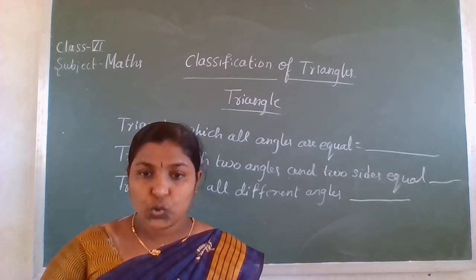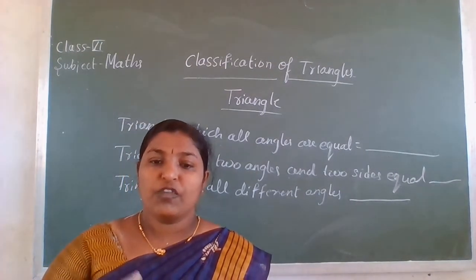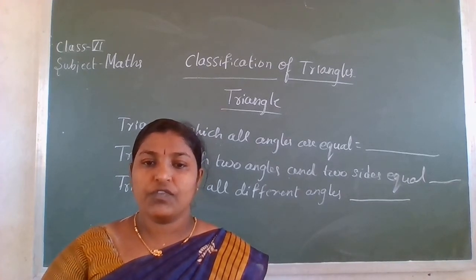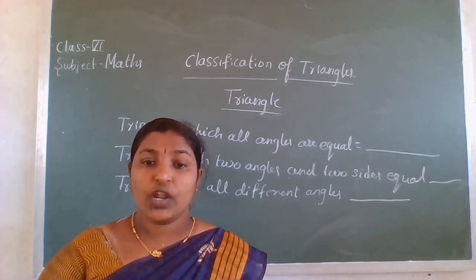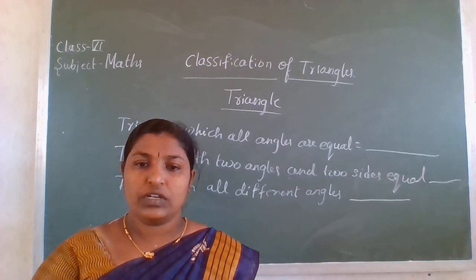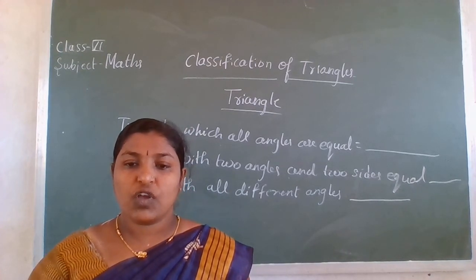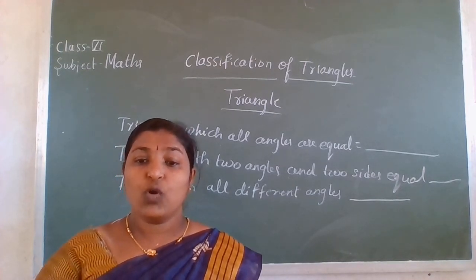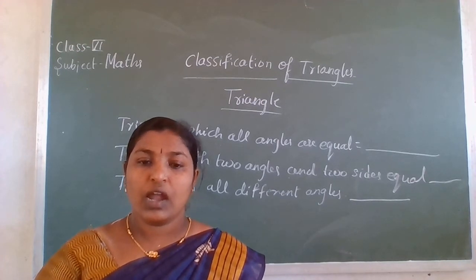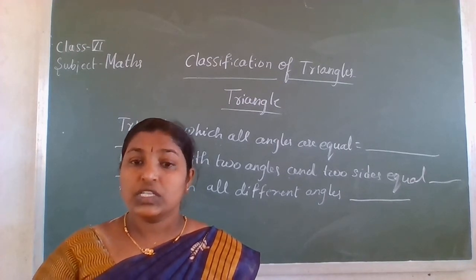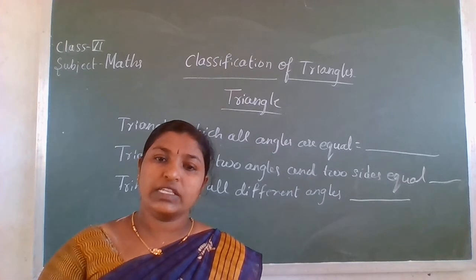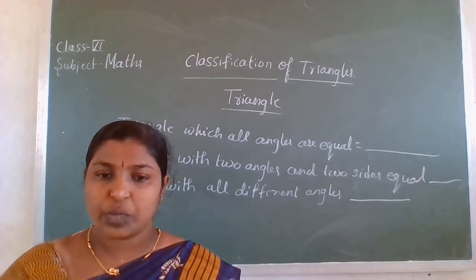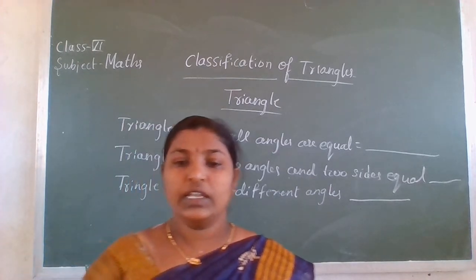Before that, you need to think from the basic knowledge of 5th standard, what the types of triangles are, their names, and how the sides and angles will be. Think on it, and in the next class I am going to explain all those things in detail.